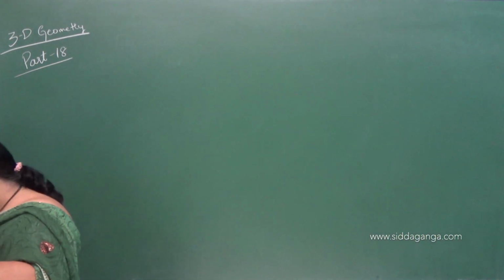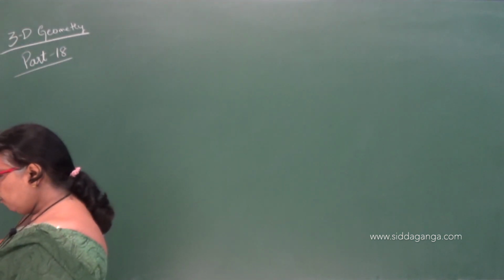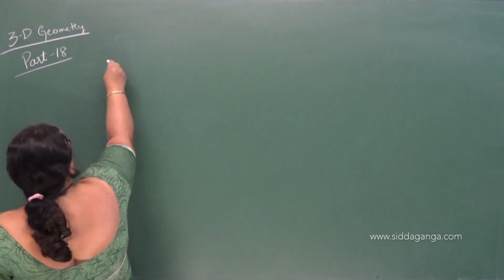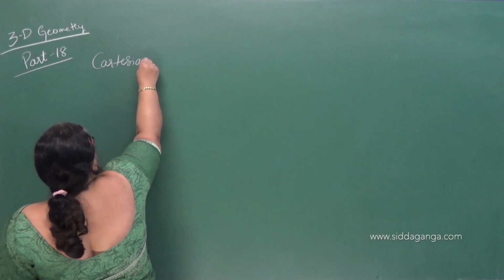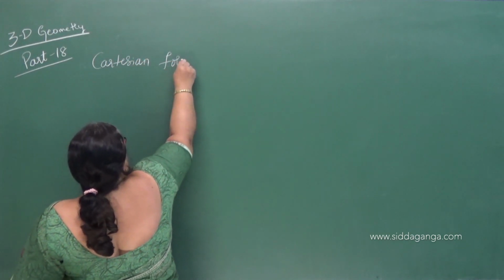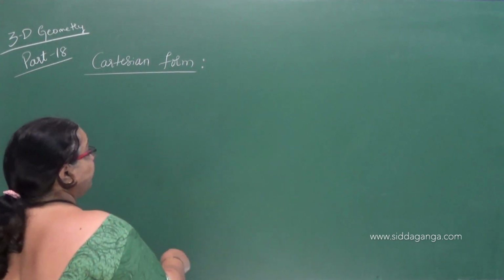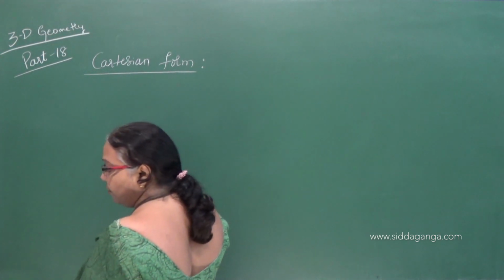Take an example. I think we have to write this formula in the Cartesian form. That is the normal form, and we have to express it in the Cartesian form. So the above formula we can express in the Cartesian form.